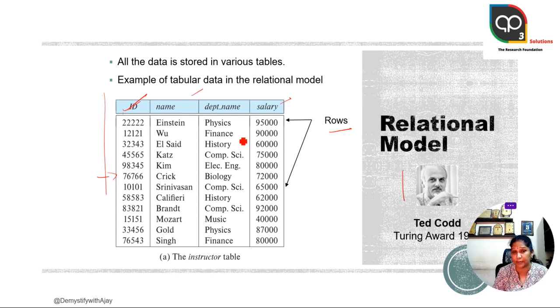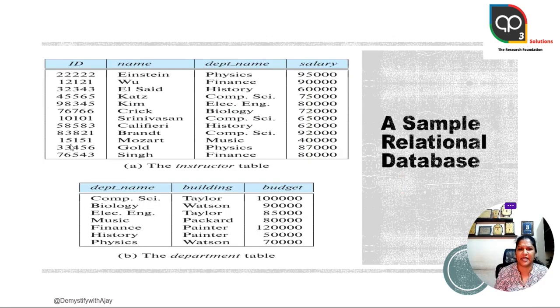The beauty of this model is in its simplicity and power. You can use a mathematical foundation, that is relational algebra, to perform operations like selection, projection, and joins. These operations are very intuitive and form the basis of querying in SQL. Dear friends, let's visualize this with an example.